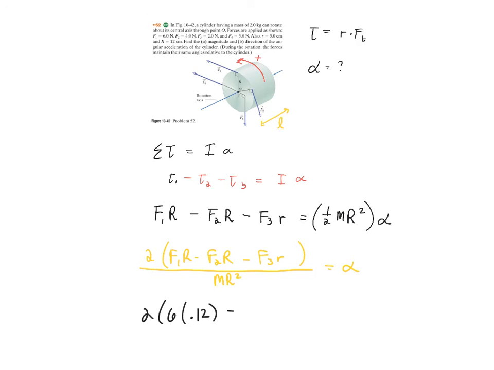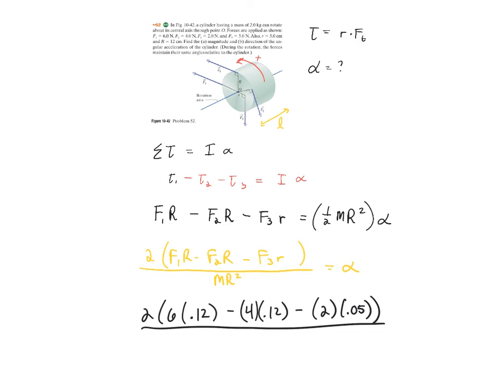Minus F2, which is 4 times 0.12, minus F3, which is 2 times 5 centimeters, that's 0.05 meters. Then close the bracket, all over the overall mass of this big thing, which is 2 kilograms, times the big R value, which was again 0.12.